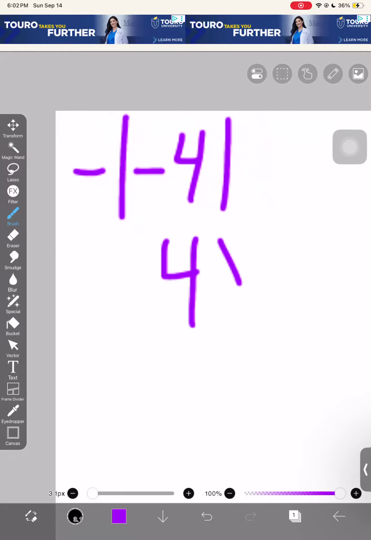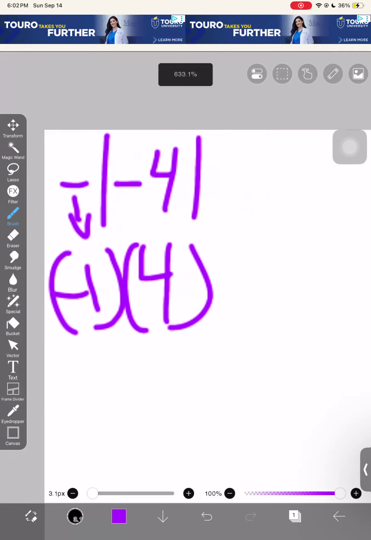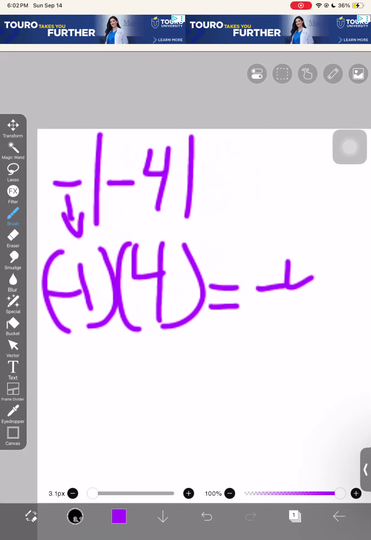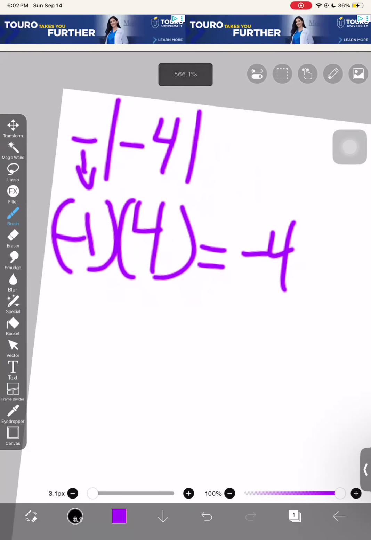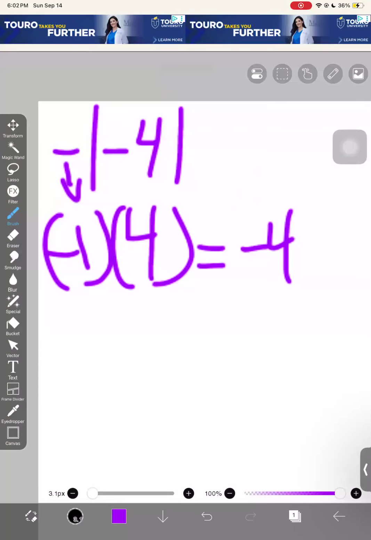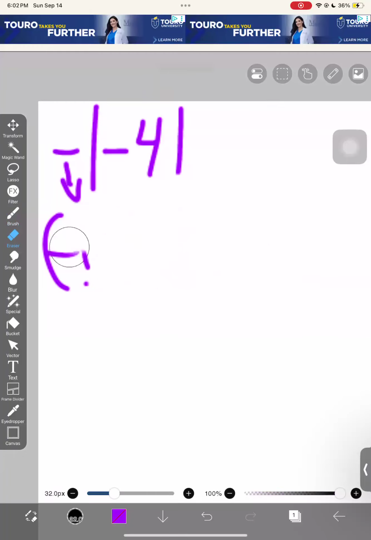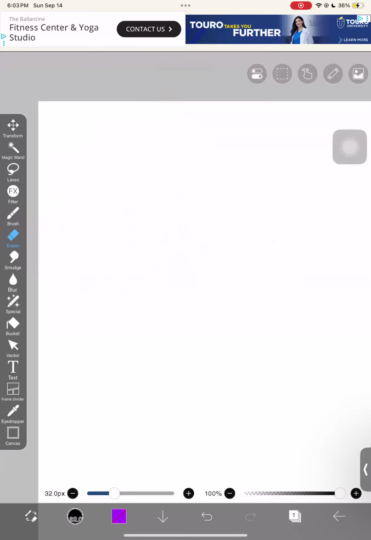That is 4. But we still have this -1 on the outside, which means we have to multiply it, and that's just giving us -4. All right, so be very careful because a lot of the time we'll have something like this on an exam, and kids will just say, well, it's -4. Or not kids, students, my bad.